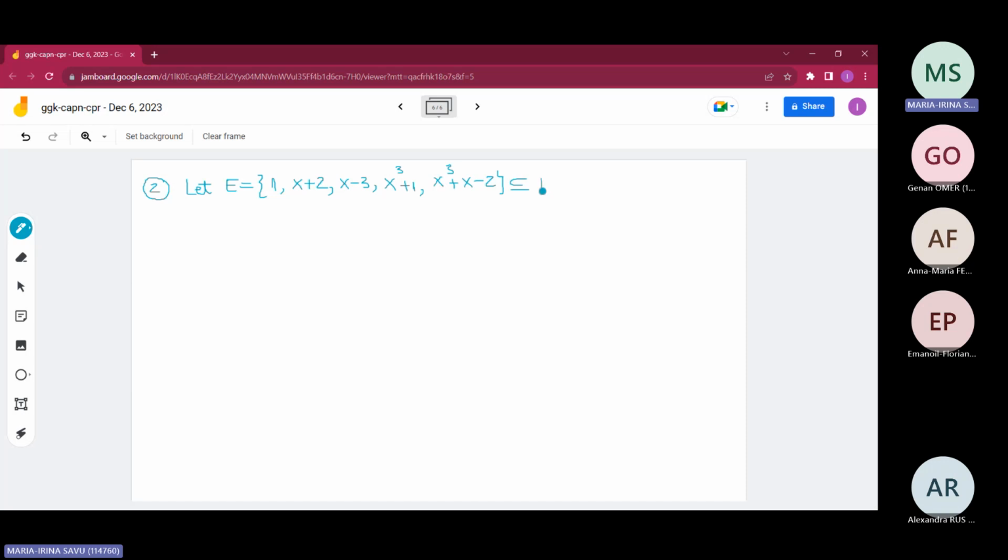And this is a subset of R3 of x. A. Find W, which is the span of E, and the dimension of W, of course, over R.